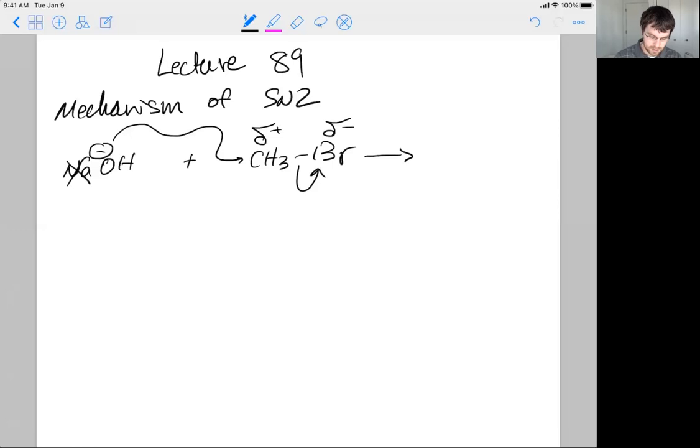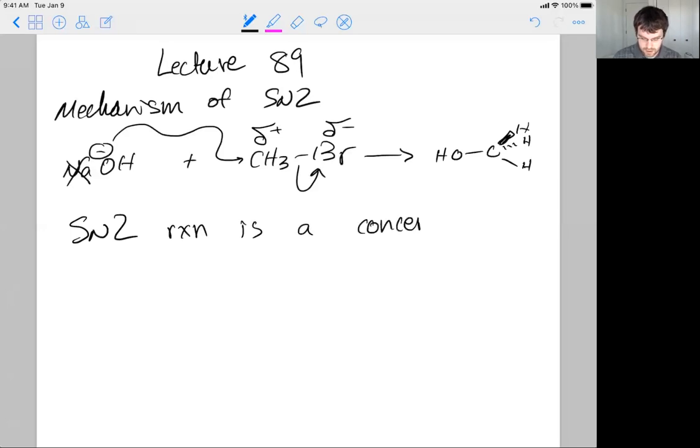I know, but it's helpful to bring up again as we look at the details of the reactions from a kinetics and thermodynamics perspective. What I first want to point out is this idea of a concerted reaction. The SN2 reaction is a concerted reaction.